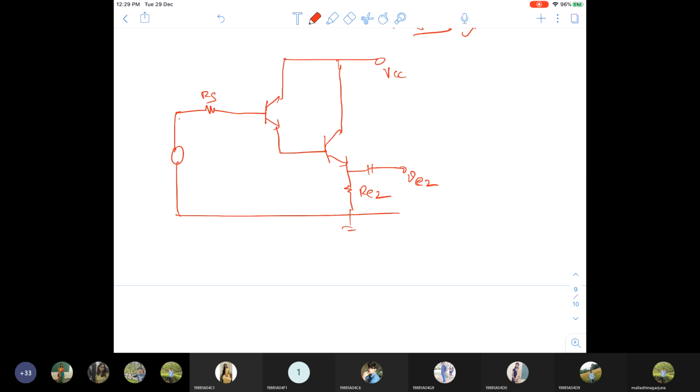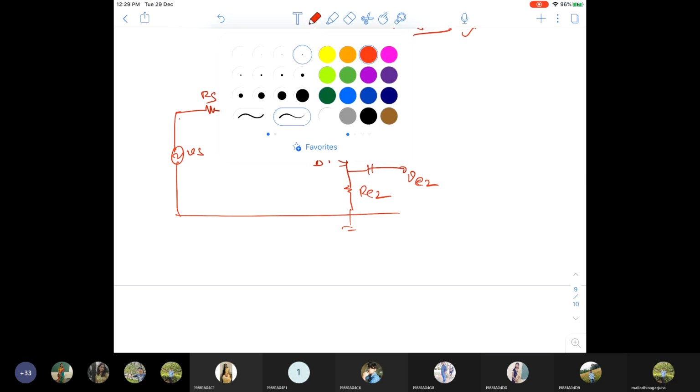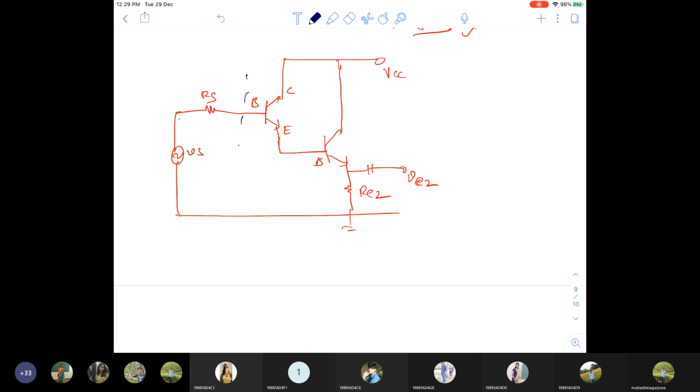Only a simple connection. See the first stage: input is the base, output is the emitter, and the collector is connected to VCC, which is anyway at ground. The first stage output emitter is connected to the input of the second stage, this is the base. So the emitter is directly connected to the base. This is the direct coupling or Darlington pair. This pair we call the Darlington pair amplifier.